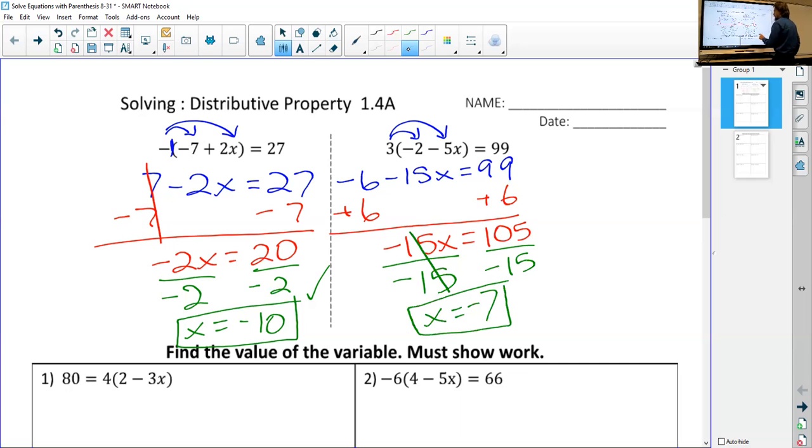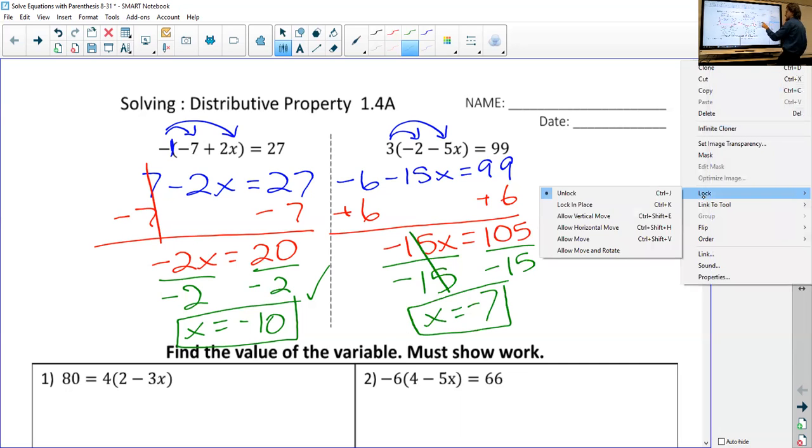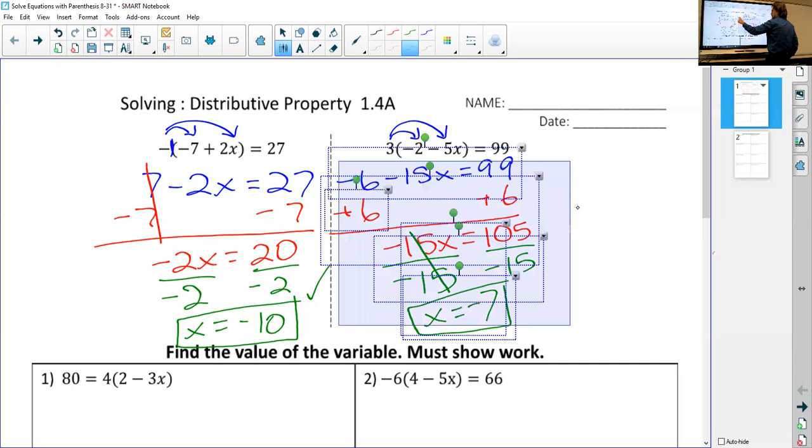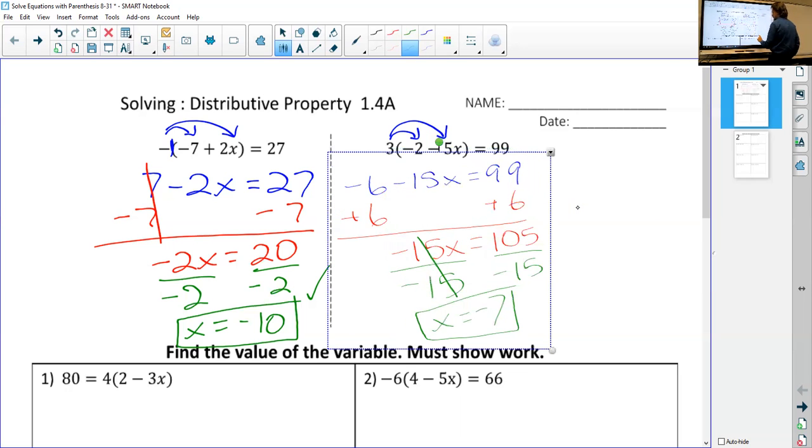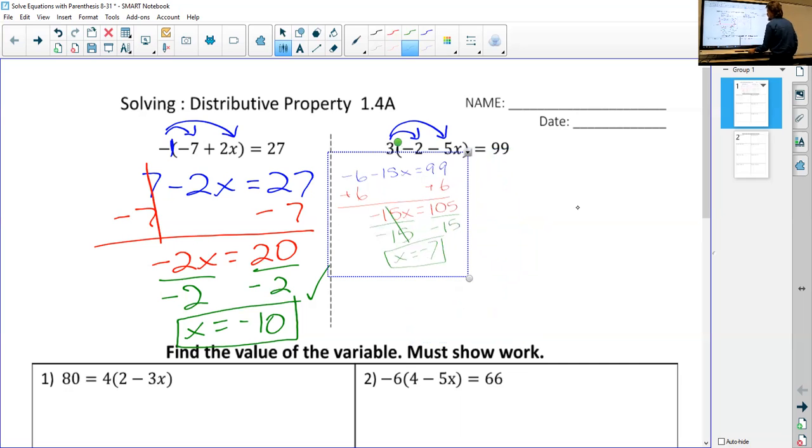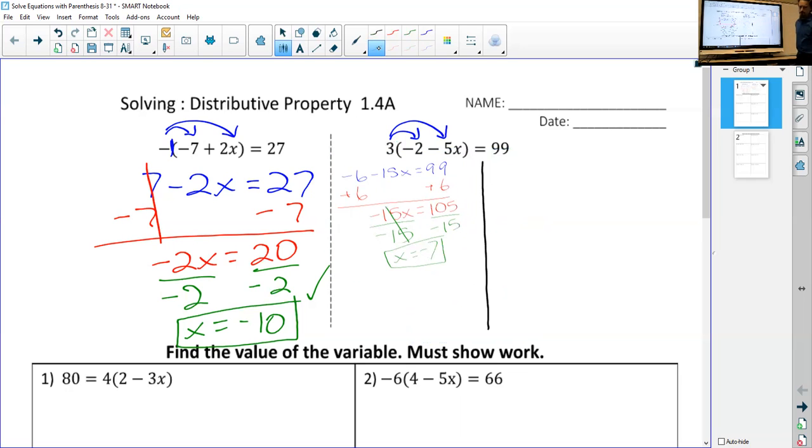Okay. What if I could lock this in place? Okay. So I want to look at this a little bit differently. And this only works on real simple problems like this one, but it's a nice thing to recognize as you're able to do. Okay. So I'm looking at this.